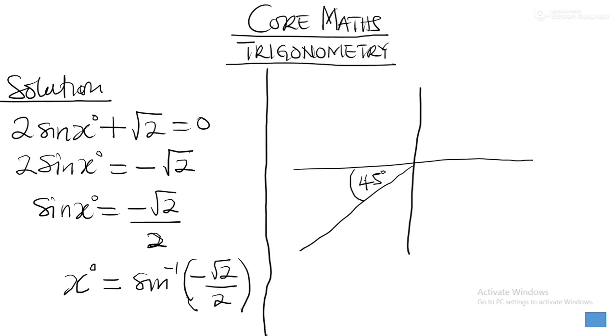So 45 degrees is our reference angle that we are to use. And because we are in the third quadrant, this is where it will be. If we were focusing on the fourth quadrant, it would have been here because negative angles are in the clockwise direction. Good. So we will use this 45 as our reference angle in determining our principal angle. Right. So let's see.